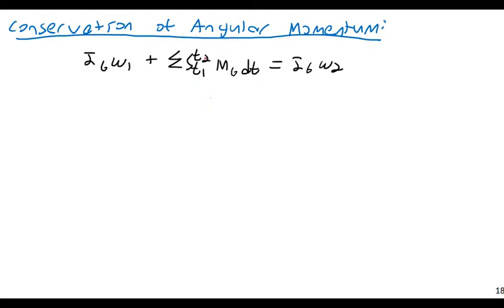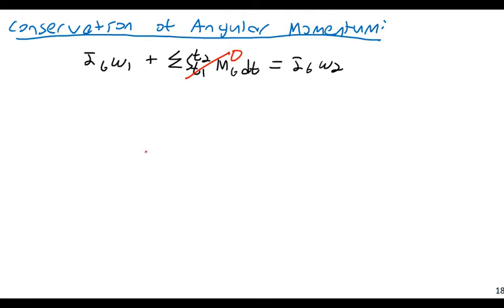A body cannot generate a moment about itself. Without some sort of force interaction with an outside object, you cannot generate a torque about yourself. So your angular momentum is conserved. In effect, if we're looking at a single object, this is going to be 0.